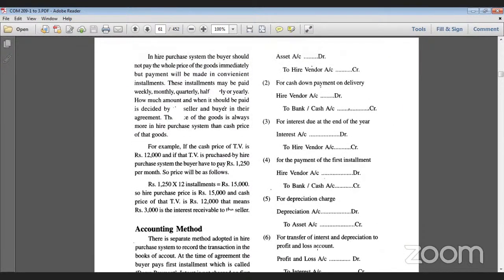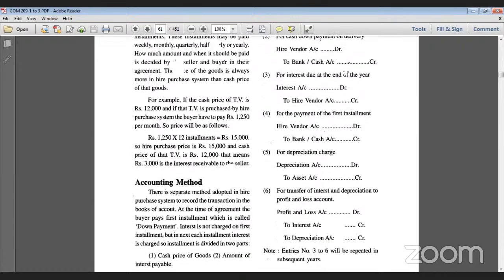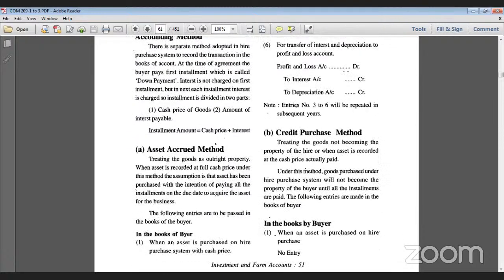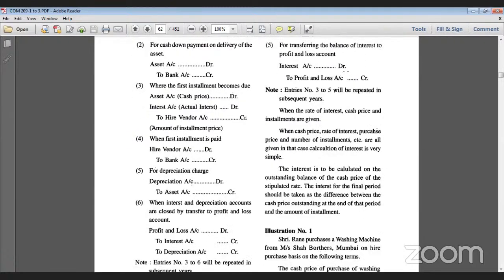They give accounting methods: asset pricing method, credit purchase method.